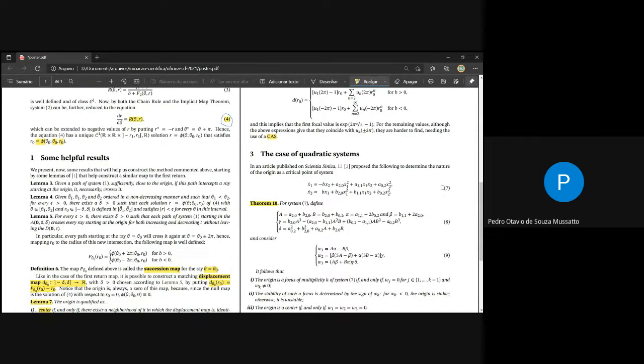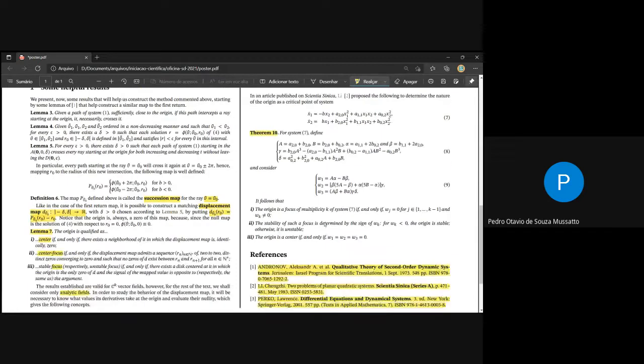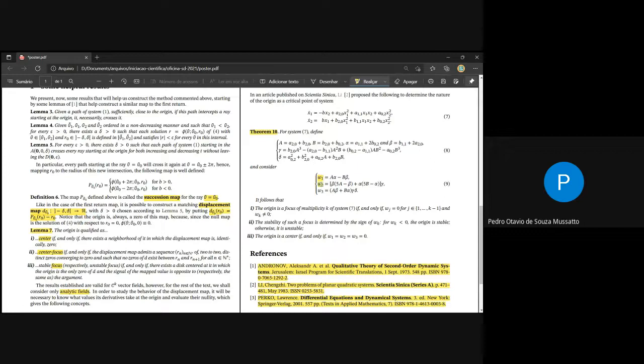It sets down, for system 7, which works with only pure imaginary eigenvalues, the constants A, B, alpha, beta, gamma, and delta, and sets down some W quantities involving these constants, and then tells that if all of them are null, then the origin is a center. If there is one nonzero, it's going to be a focus, and the sign of the nonzero W will determine how stable this focus is.